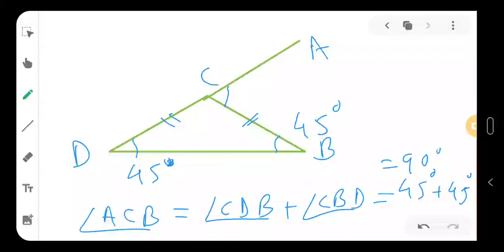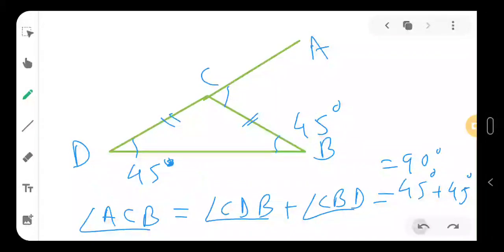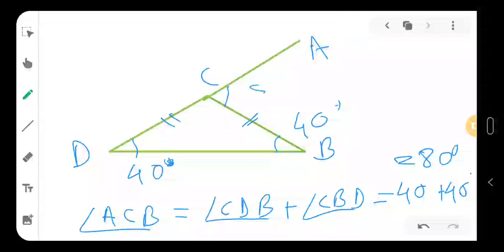Now you can say that in my figure it does not look like 90 degrees because it's not a perpendicular, but I have just taken these angles as guess angles, so that's why it is not matching with the figure. If I would have taken this as 40-40, it would be nicer, right? So in that case this angle would be 80 degrees.